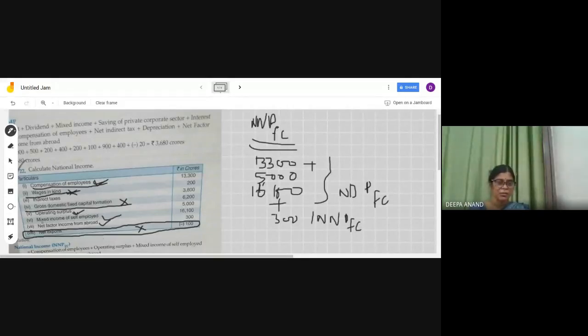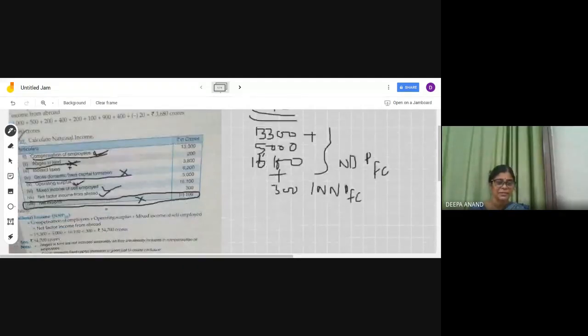So just understand why this is excluded: wages in kind, or why we have not taken the indirect tax. Because we want only FC, we don't want MP. Our answer is itself in FC, NDP at FC, and national income means NNP at FC.